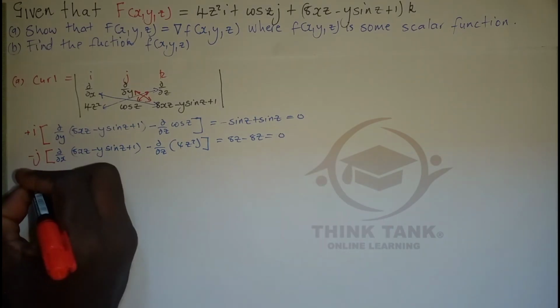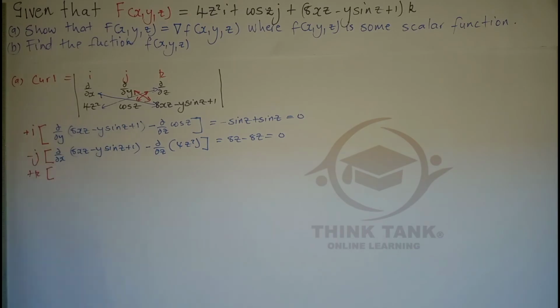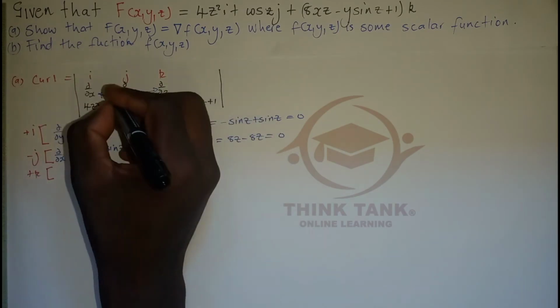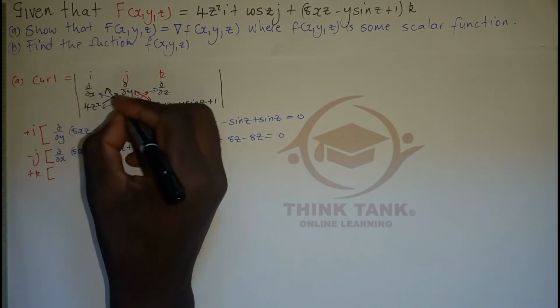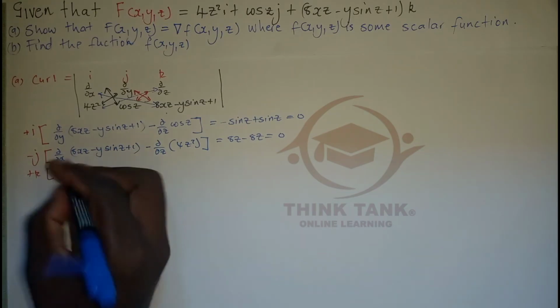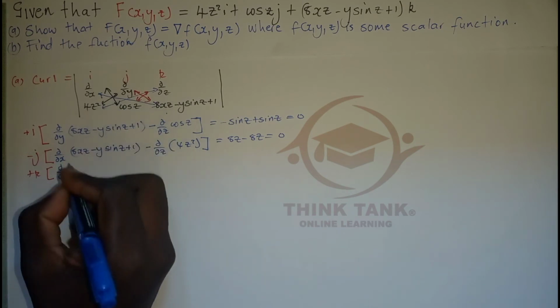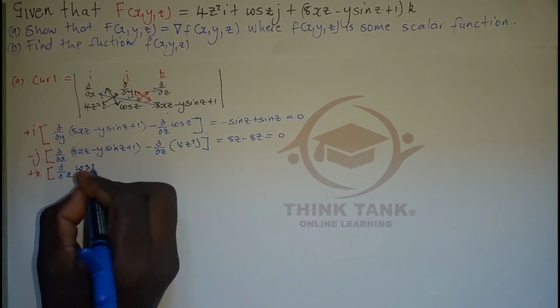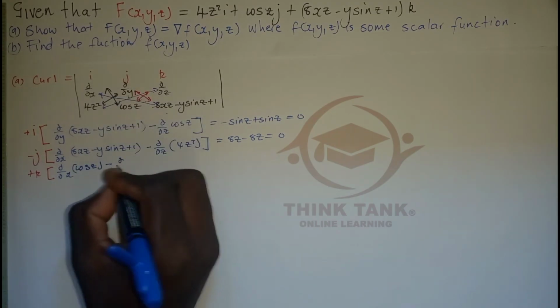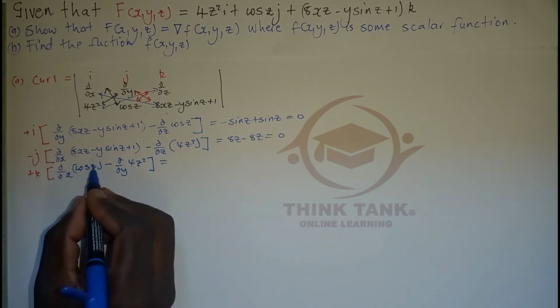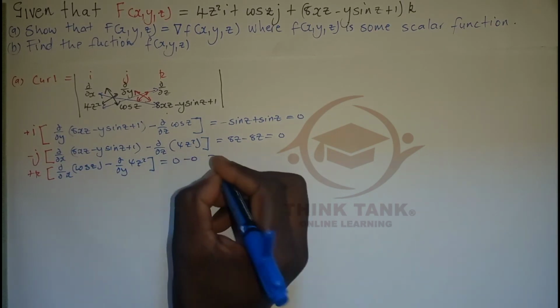Now let's go to the k component. The sign is plus. I close the k column and the k row, multiply this diagonal and subtract the other: partial x of cos z minus partial y of 4z². There is no x variable in cos z, so that is 0, and 4z² has no y variable, so that is 0.